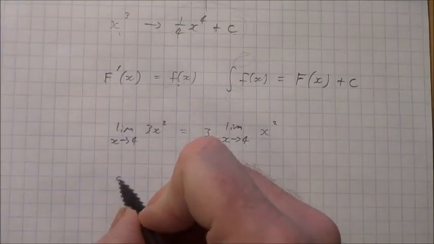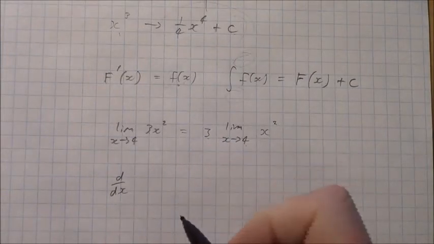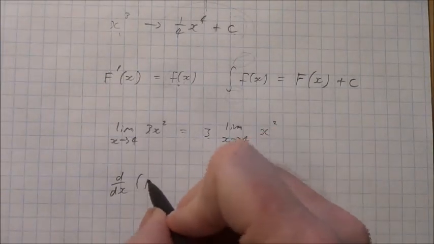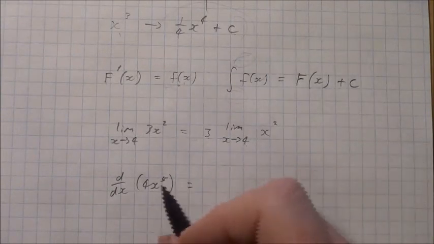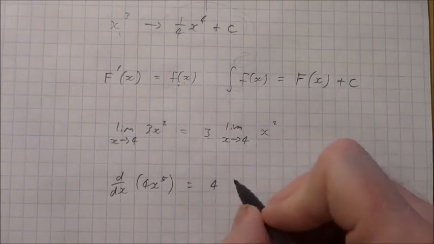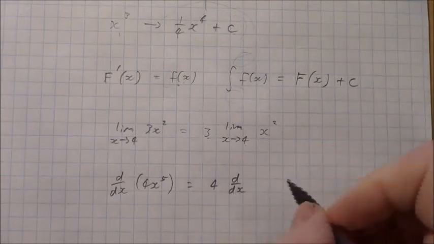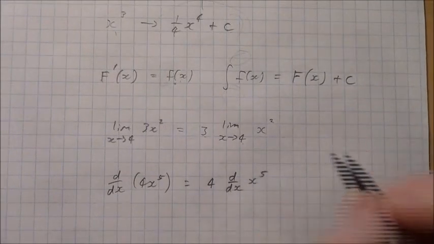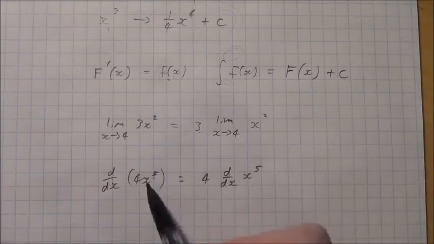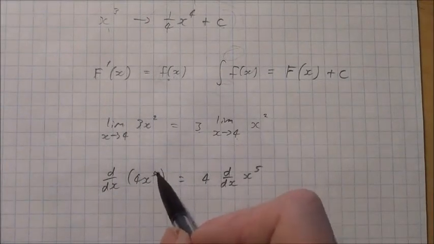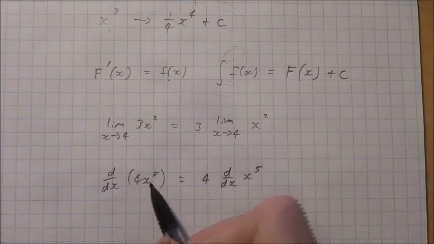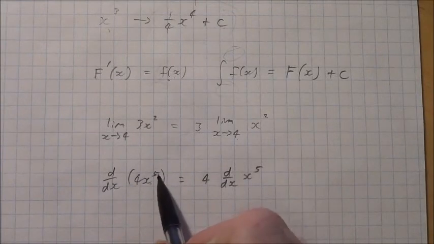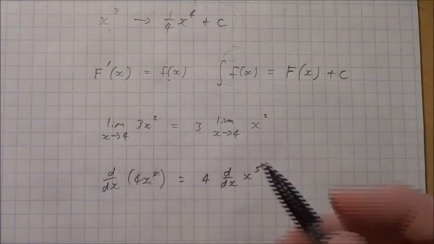Okay, and same thing for derivatives. If we're taking the derivative with respect to x of, say, 4x to the power 5, we can move that constant out in front and then take the derivative with respect to x of x to the power 5. When you take the derivative, of course, we bring the 5 down in front, multiply it by the 4, and then reduce the exponent by 1, so it gives us 20x to the power 4.